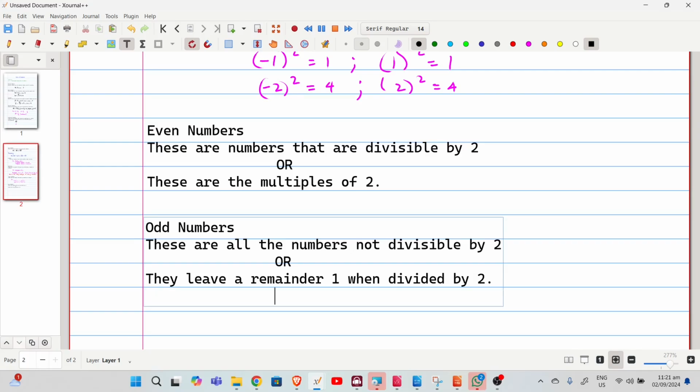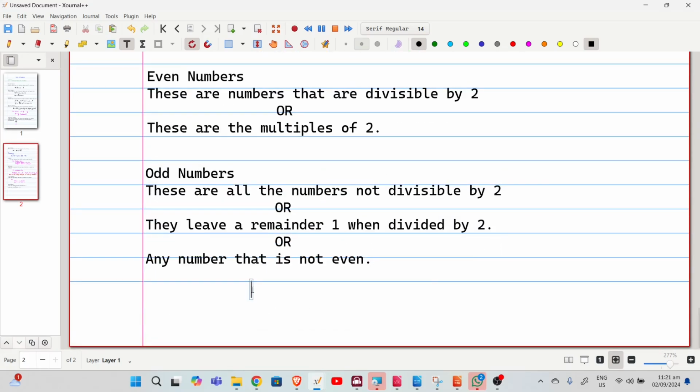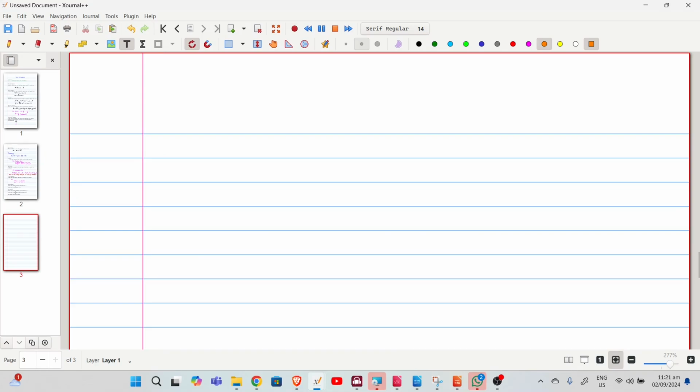Another way we can say it, or any number that is not even is an odd number, right? So this here, odd and even numbers, they are usually called complementary set of numbers. So odd and even sets are complementary sets. You can check up what that means if you're not sure what complementary means. It's good to find out what the meaning of words are that you don't know sometimes.